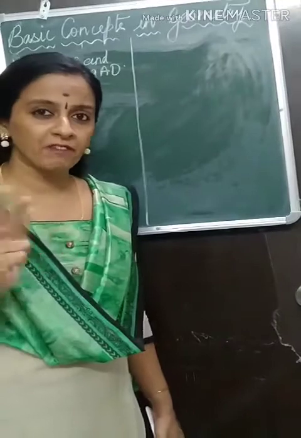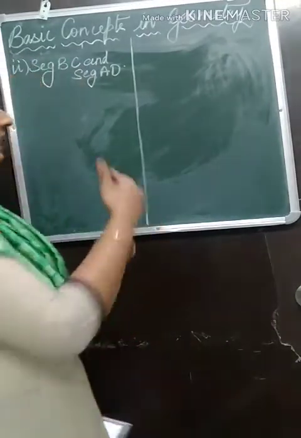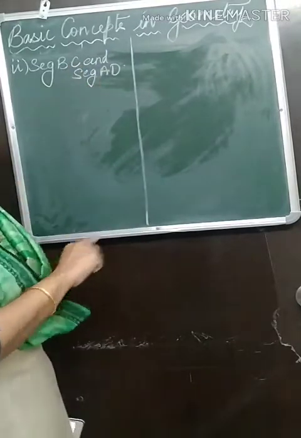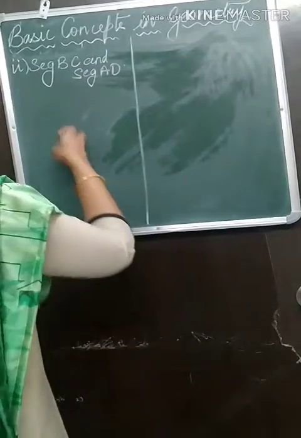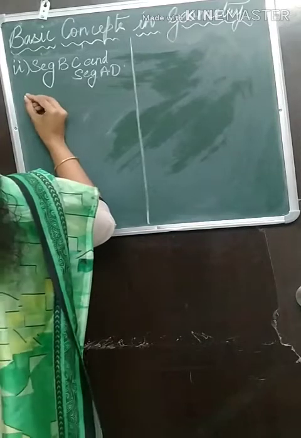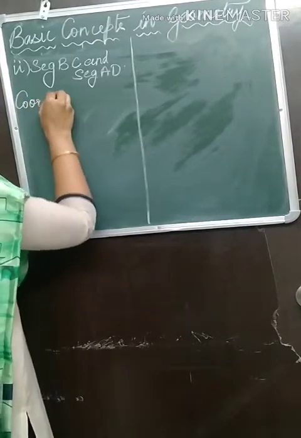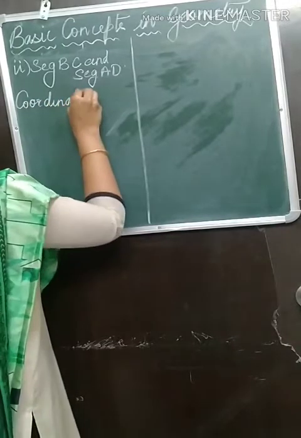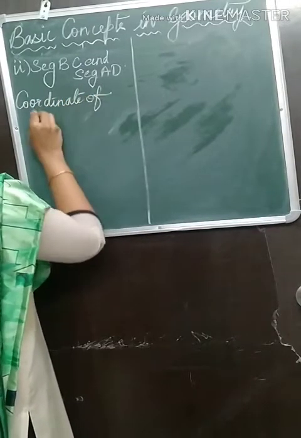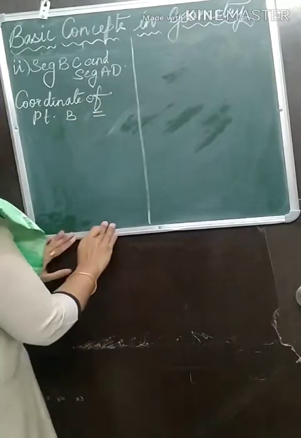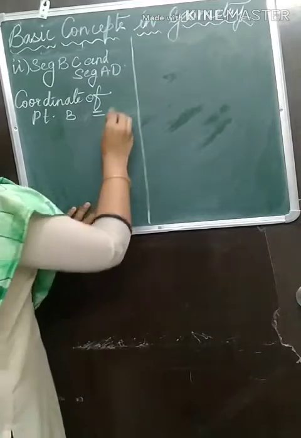The first pair were not congruent segments. Let us check the second pair. Segment BC and segment AD. Same steps, let us repeat. First step will be coordinate of point B. What is coordinate of point B in the table? It is 5.